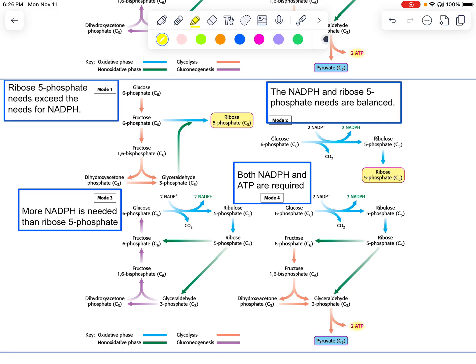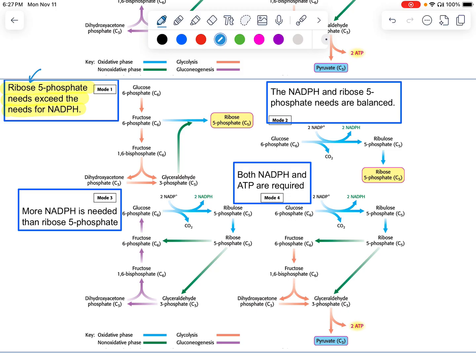So for example, our need for this ribose 5-phosphate exceeds the need for the NADPH. So what we really need is essentially this starting material, right? This ribose 5-phosphate. That's mode 1. So when that happens, the glucose 6-phosphate is shuttled into the glycolysis pathway.